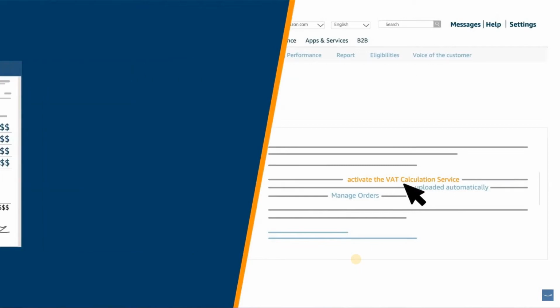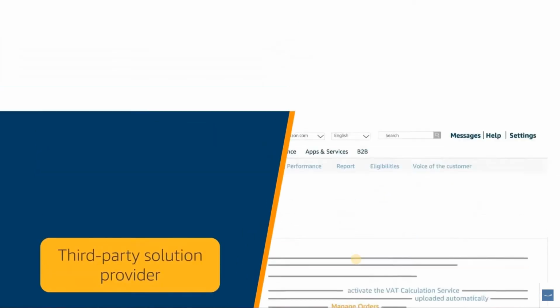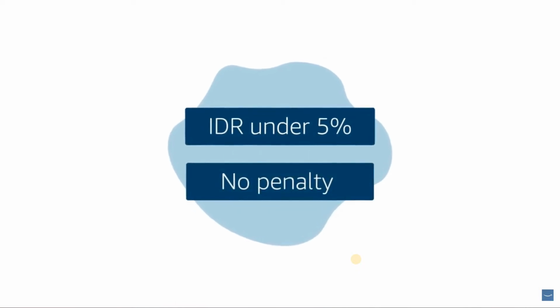Recommended. Alternatively, invoices can be uploaded automatically via a third-party solution provider or manually via the Manage Orders page. We recommend that sellers maintain an invoice defect rate under 5% in order to provide a good customer experience. However, there is no penalty for not meeting the performance target at this time.